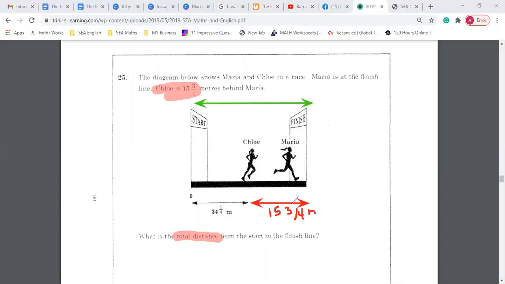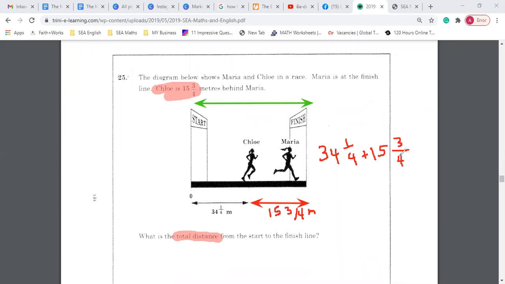So you need to find the length of that green arrow there, the total length. So do that for me. All you have to do is add 34 1/4 plus 15 3/4.